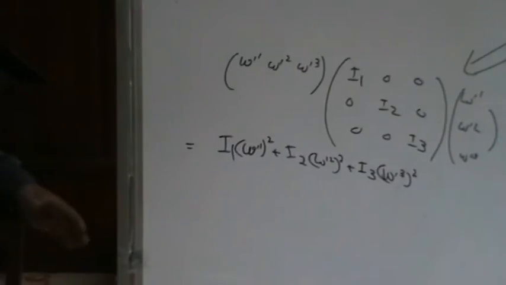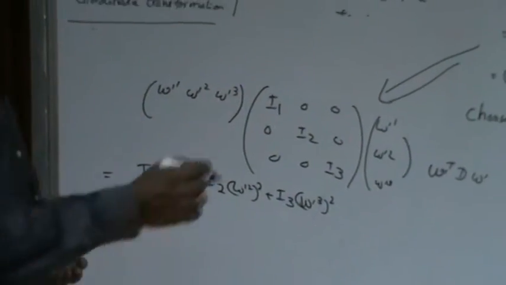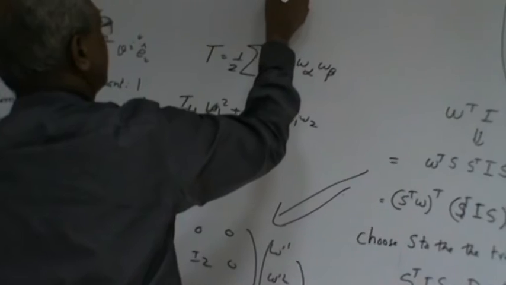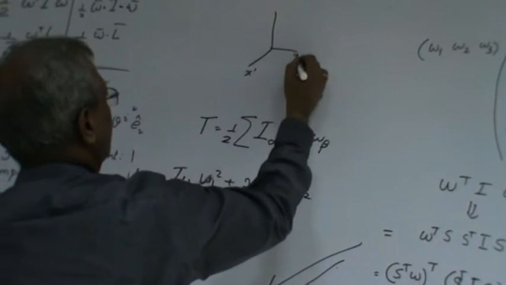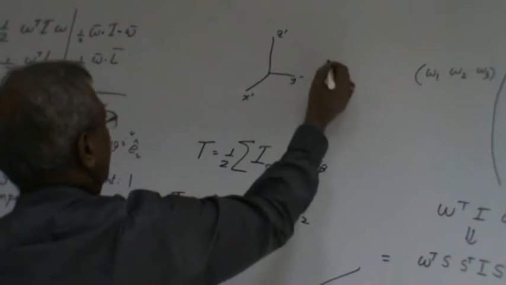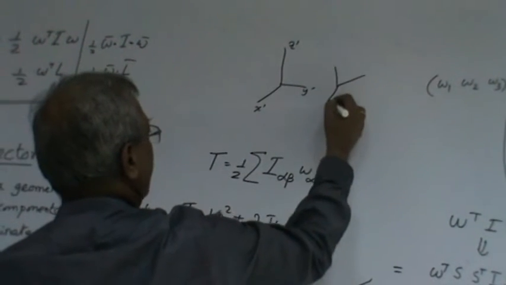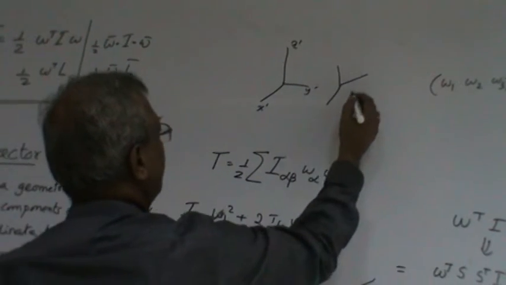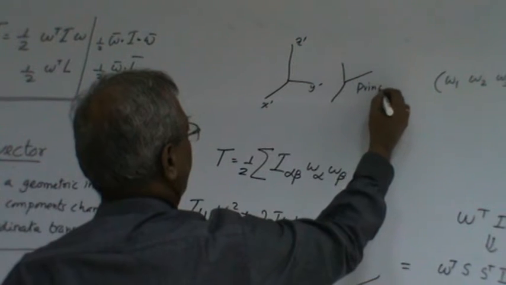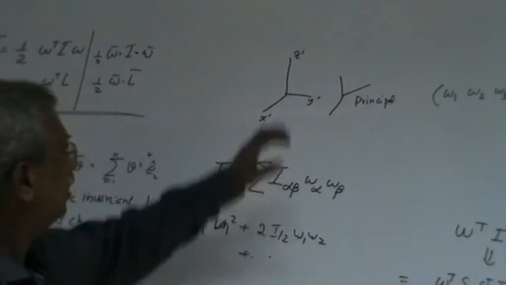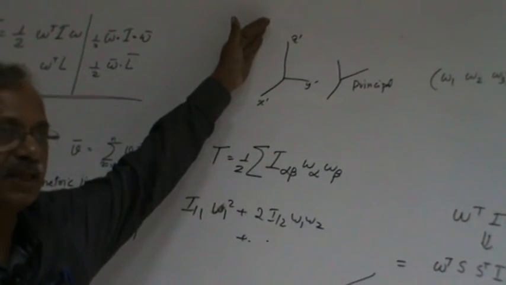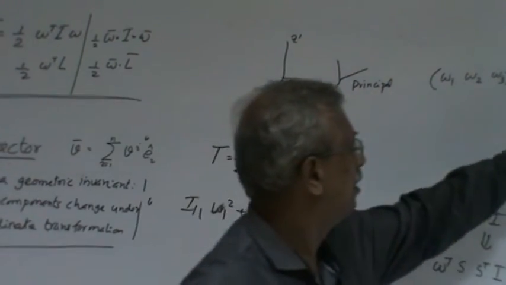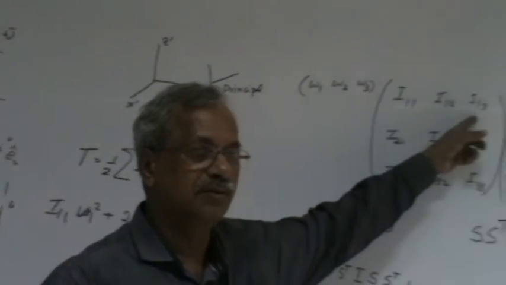So here what we are doing is, even though we started originally with some set of axes here, like x prime, y prime, z prime here, you can have some new sets of axes here. These are called the principal axes here. So when we look at the moment of inertia with respect to this axis system here, you find that these two things are probably not equal to zero.